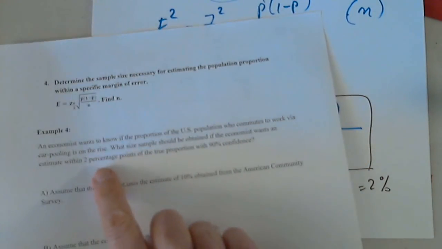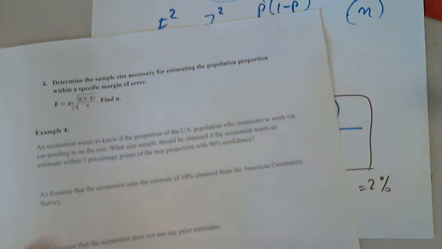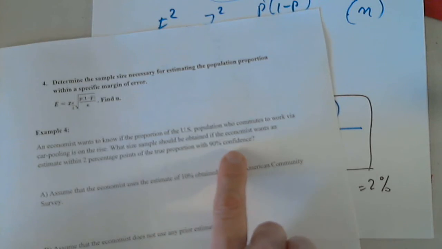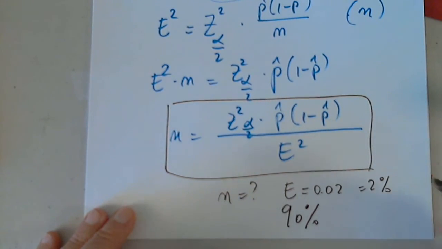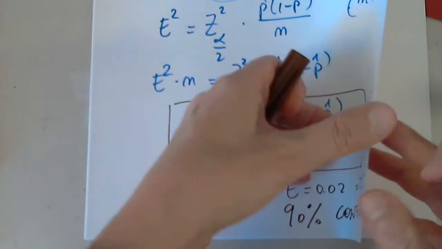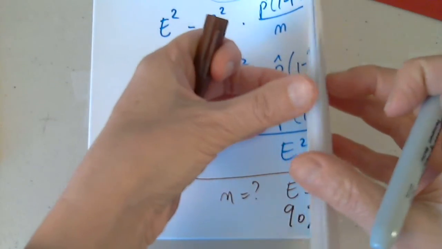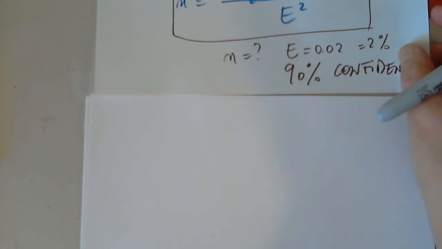It says within 2 percentage points, which means that's the error, E, of the true population proportion with 90% confidence. So 90% confidence. Okay, let me write it so it's clear. Fine. All I have to do is just plug in the numbers.